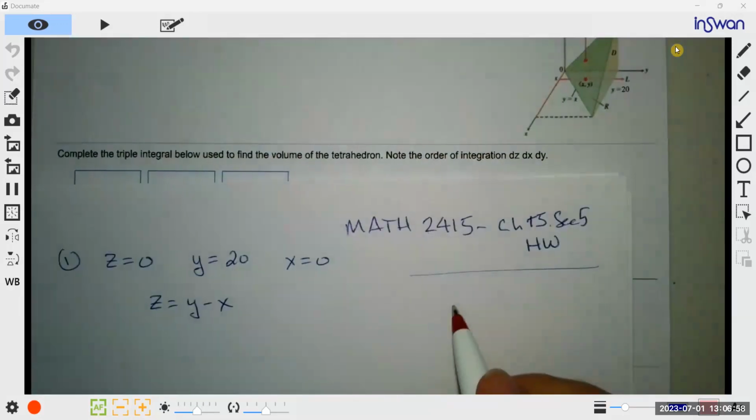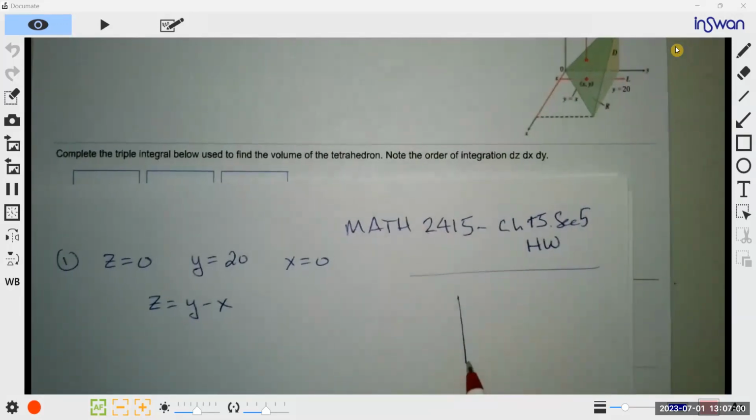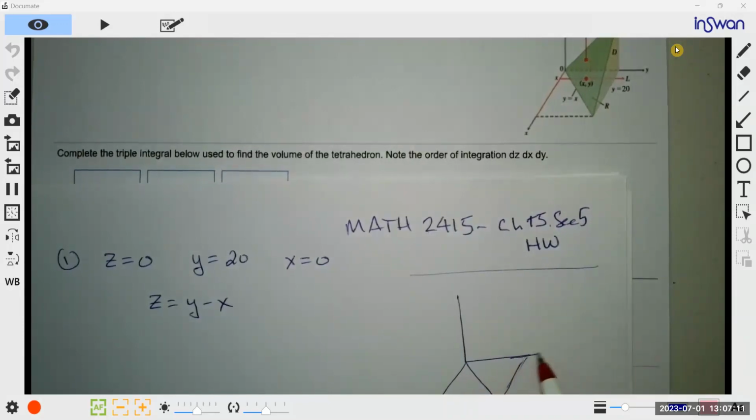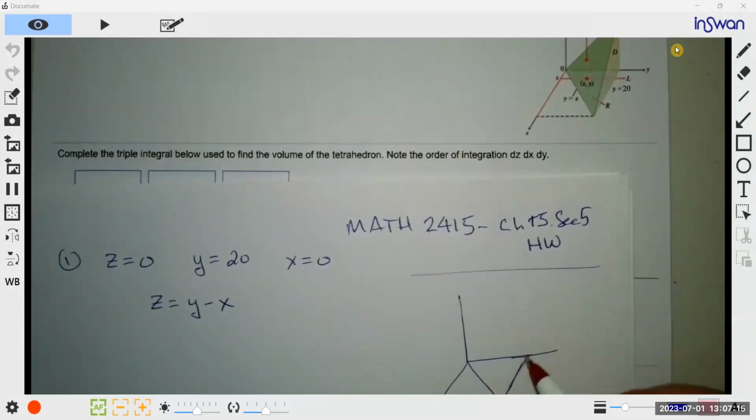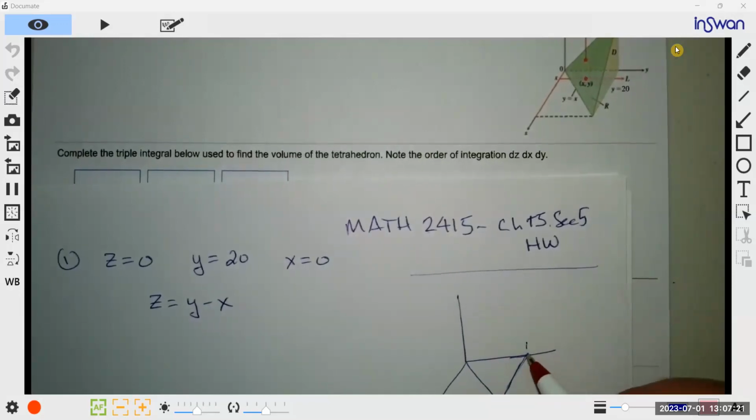And if we look at our picture here, this point says y is 20.